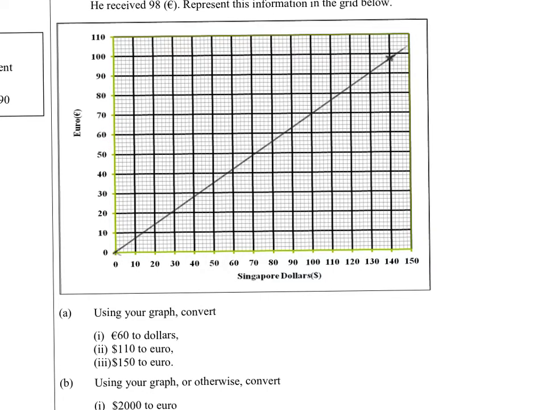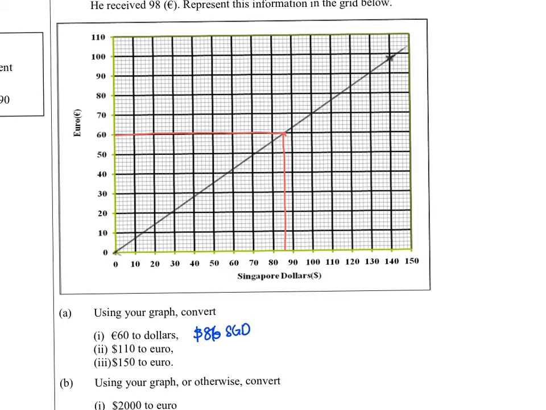I'll be drawing my line, a dotted line, and then I'll draw down. 1 square represents 2 units, so it's approximately $86 from what I can read from my graph. So it will be 86 SGD.